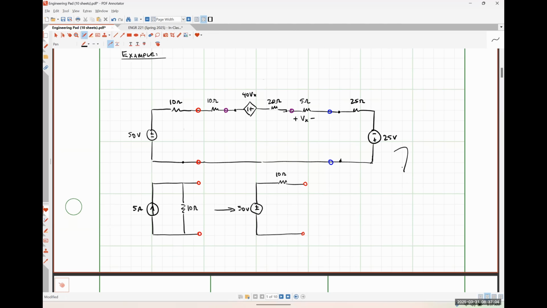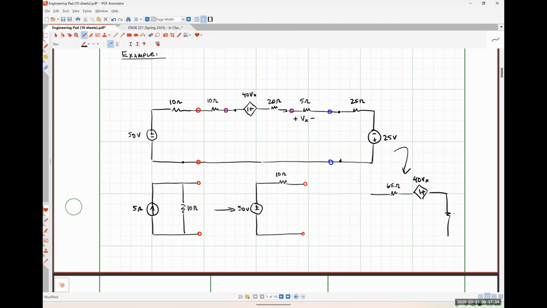So I'm just going to sneak this equivalent circuit down here. So 10 plus 10 is 20, plus 20 is 40, plus 25 is 65. So I would have a 65 ohm resistor. I'm going to leave my dependent source alone.